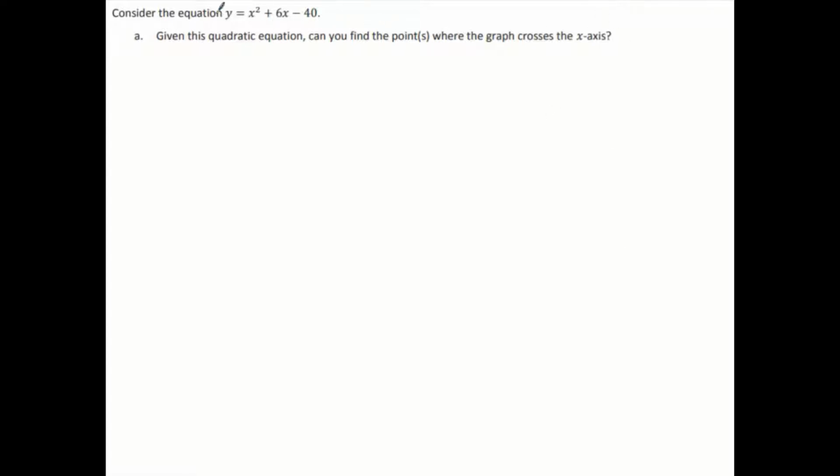So the first thing we need to do is consider this equation that we have here. They give us the equation y is equal to x squared plus 6x minus 40. Given this quadratic equation, is it possible to find the points where our graph crosses the x-axis?